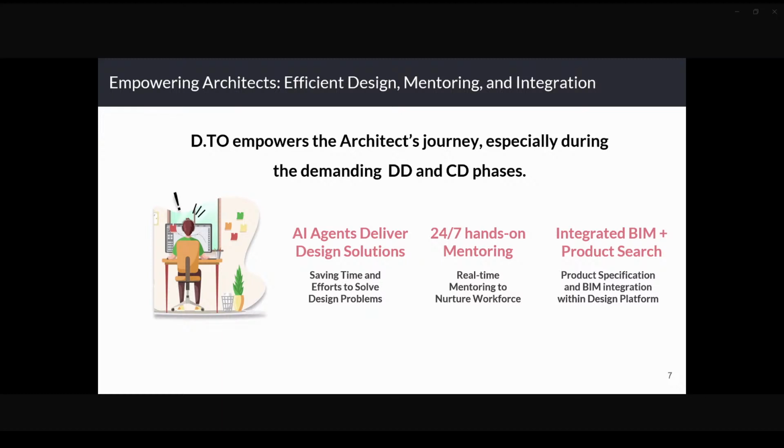The potential we see is automating the detail as the Revit model is built, the integration with the Revit model, and also the vendors that are contributing in the D.TO ecosystem. And we're hoping that that will increase.